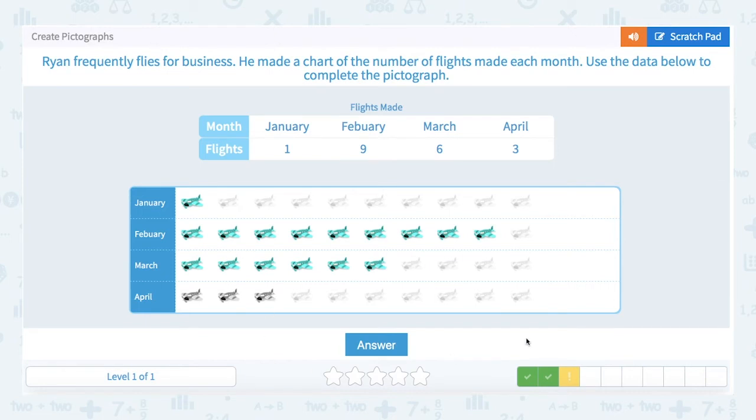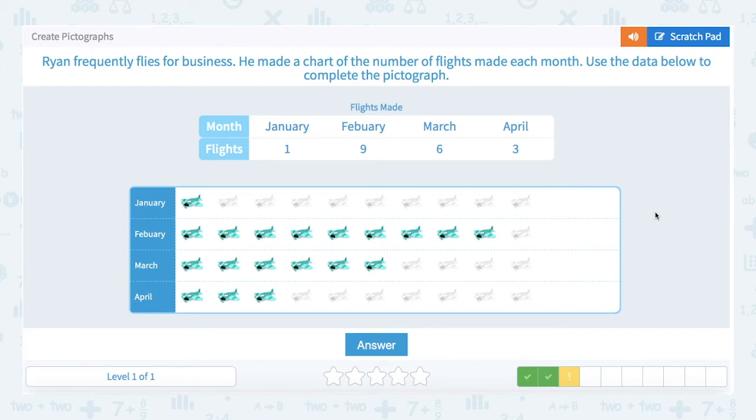So what this data can show us, again, is that February was the most heavily traveled month for Ryan. March was the second, and we see that January and April were the least.